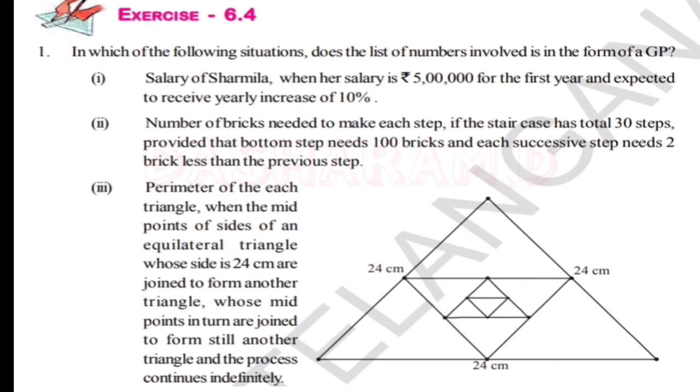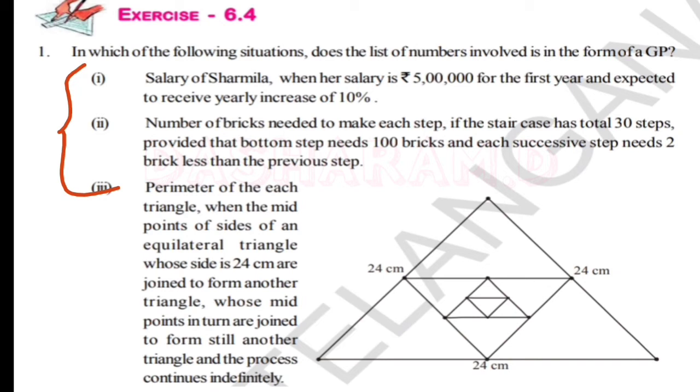Next, exercise 6.4 first bit, word problems. In which of the following situations does the list of the numbers involved form a GP? He gave three different situations. In these three different situations some numbers will be involved. So we have to create that list of the numbers and check whether those numbers form a GP or not.